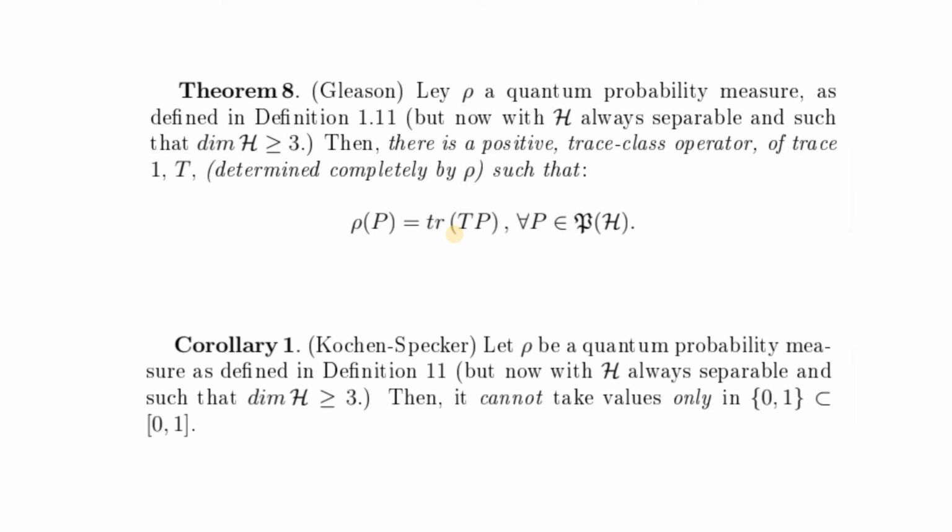And an immediate corollary of Gleason's theorem is the Kochen-Specker theorem, which says that if the dimension is equal to or greater than 3, then there is no quantum probability measure taking values only of 0 or 1.